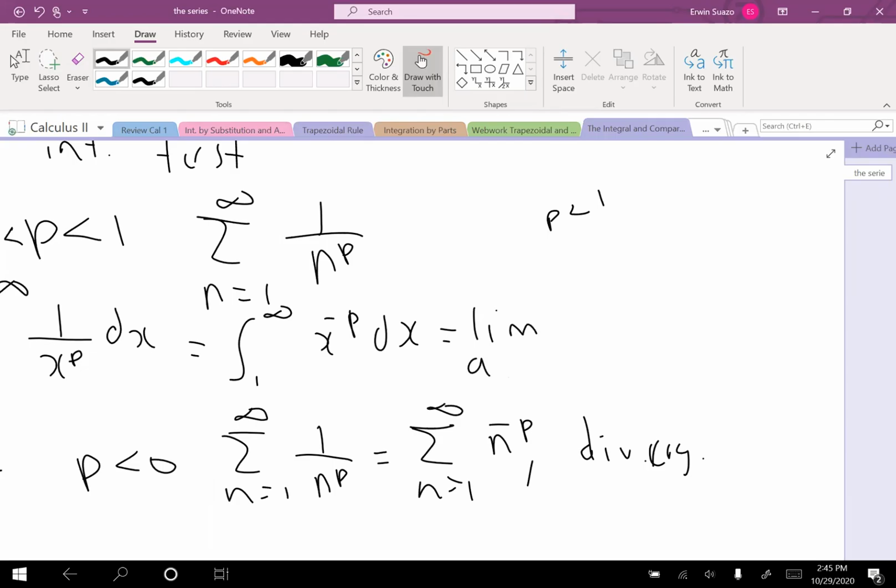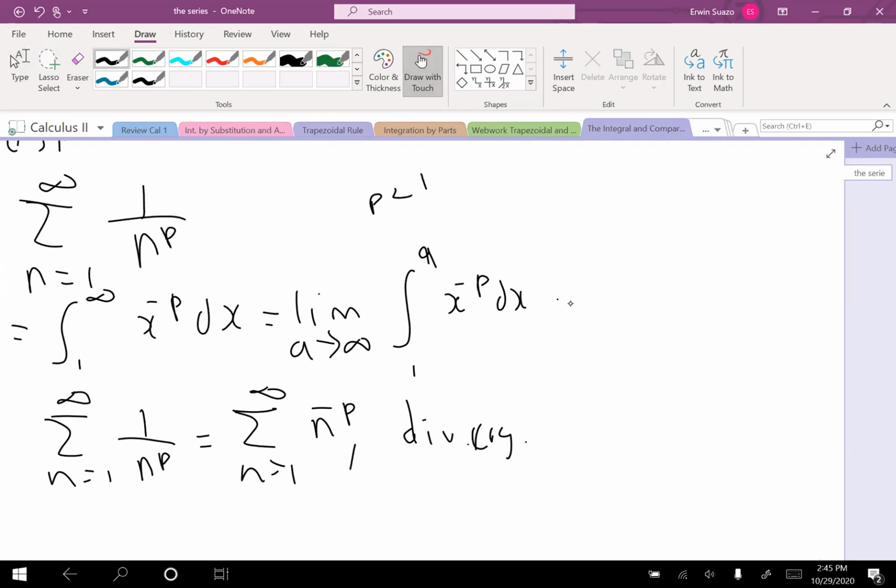The limit as a goes to infinity of the integral between 1 and a of x to the minus p dx. Then we integrate: the limit as a goes to infinity of x to the minus p plus 1 divided by minus p plus 1, between 1 and a.